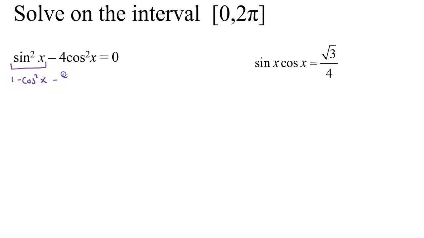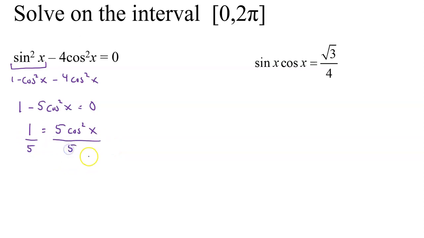And we'll just bring down the minus 4 cosine squared. So I get 1 minus 5 cosine squared equals 0. All right, move the 5 cosine squared to the other side, and I get 1 equals 5 cosine squared x. Notice there's no middle term in here, which is why I moved them over to the other side.